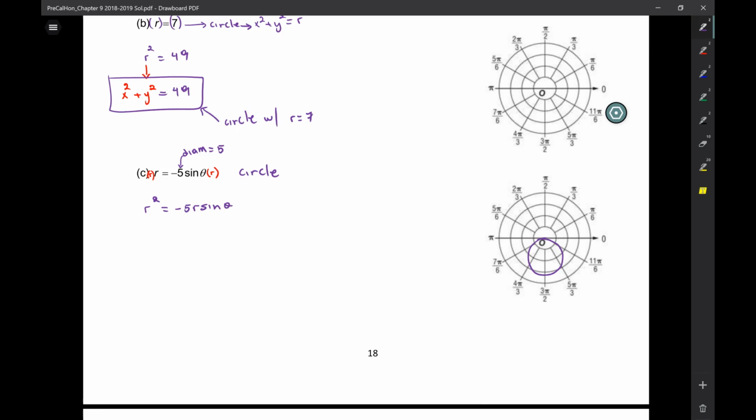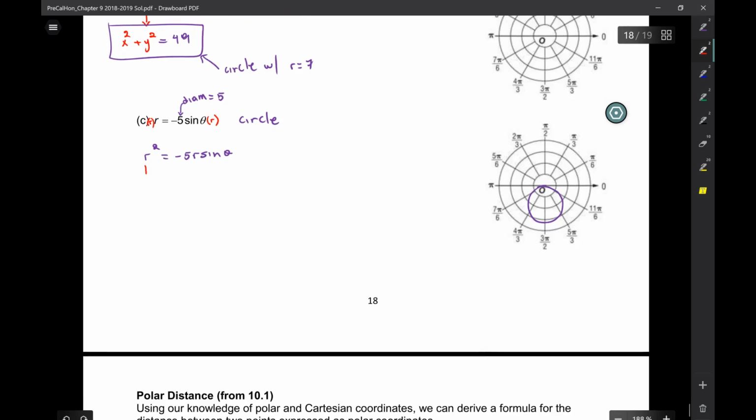But what is r squared? Because to get rid of the sine theta, it should look like r sine theta, right? It was just sine theta. Now we added an r to it. So now look at what will happen.